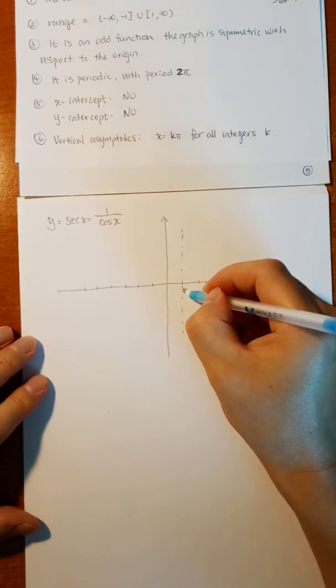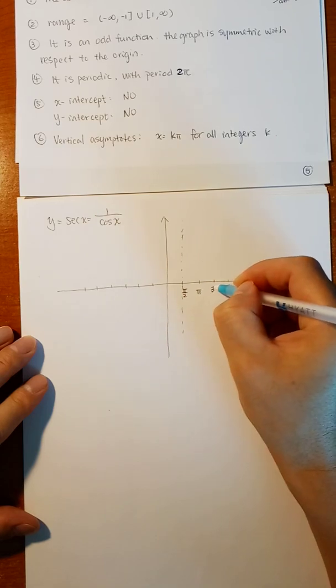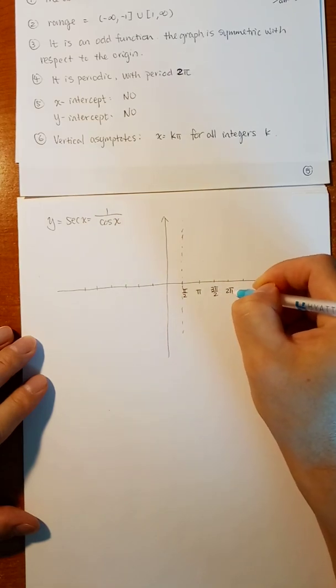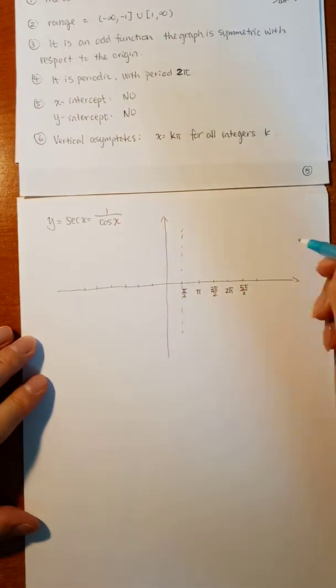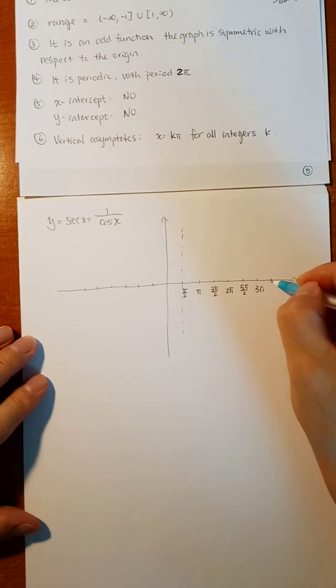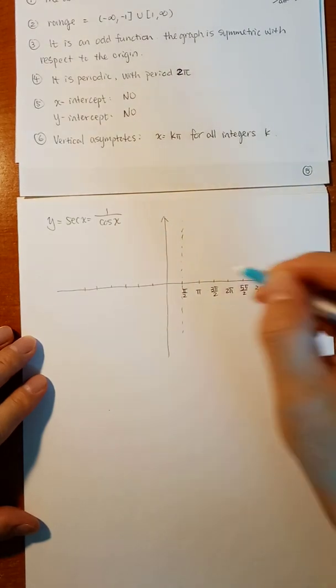It's pi over 2, pi, 3 pi over 2, 2 pi, 5 pi over 2, 3 pi, and 7 pi over 2.